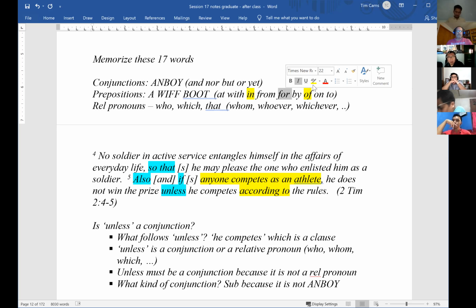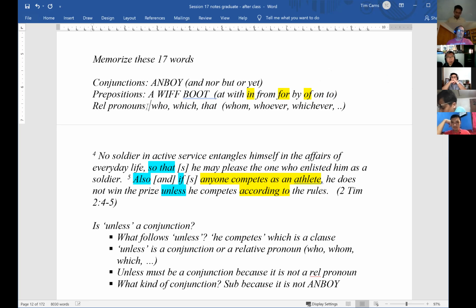I think it's 4. I think these are 3 of the top 10 words used in English. But in any case, these 9 prepositions really form a majority of the prepositions that are used in Scripture. And then finally, relative pronouns, just memorize 3 of them and you essentially have the whole group. There's a few derivations, but they all contain either who or which.